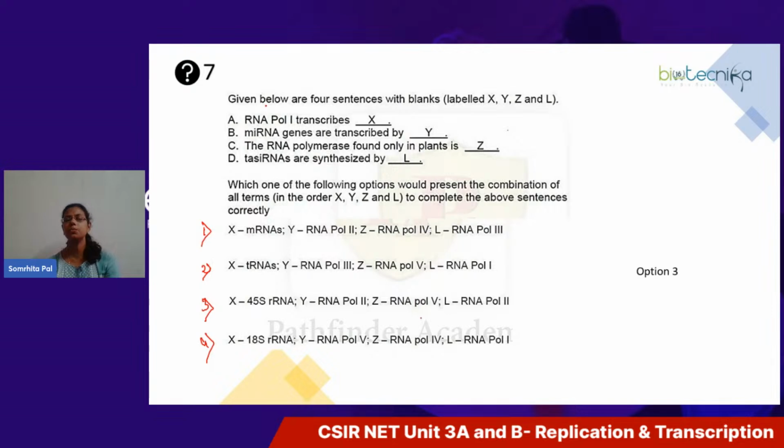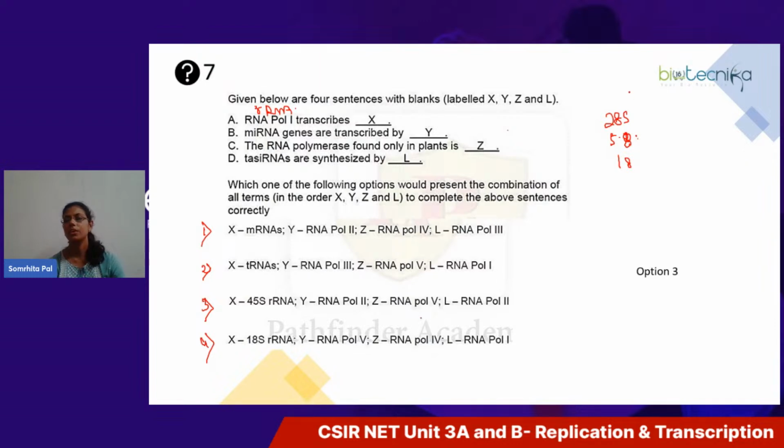So, RNA polymerase 1, we have studied that it transcribes the rRNAs, isn't it? But look at the beauty of the question. Normally, what we study is that RNA polymerase 1 transcribes your 28S rRNA, the 5.8S rRNA, and the 18S rRNA.